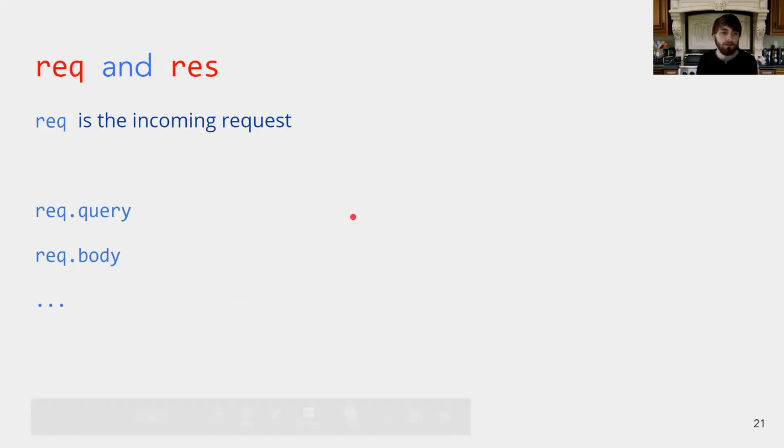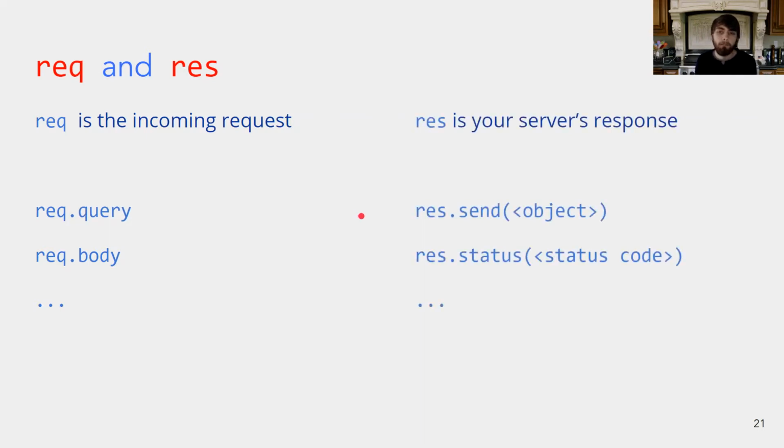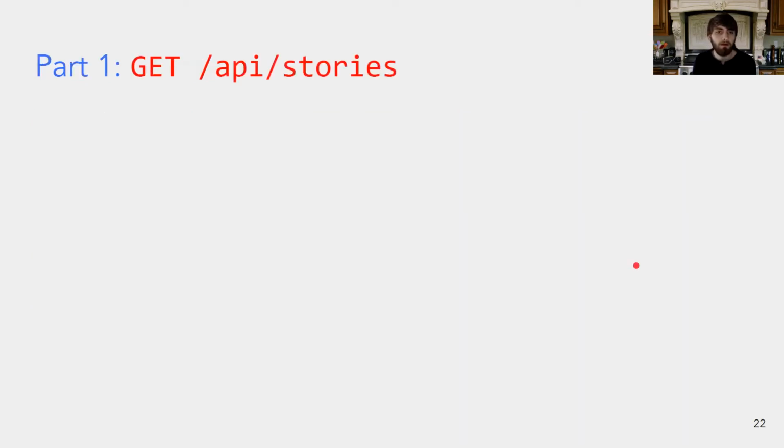If your IDE shows you all of the stuff within rec, go you. Res will be the server's response that we get to make in this lovely workshop. And res will send back an object, and we can also send back status codes with that object. And so now will be more of an application of that idea.